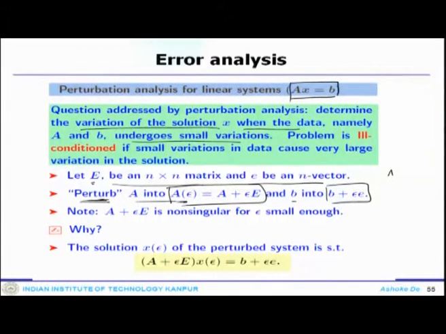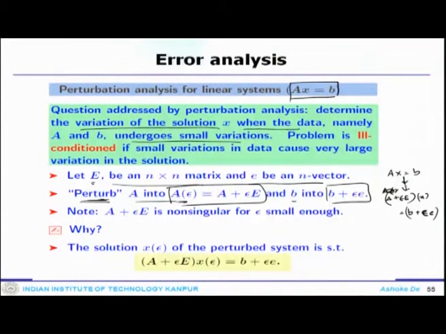So, I am perturbing my Ax equals b to (A plus epsilon E) x equals (b plus epsilon e).